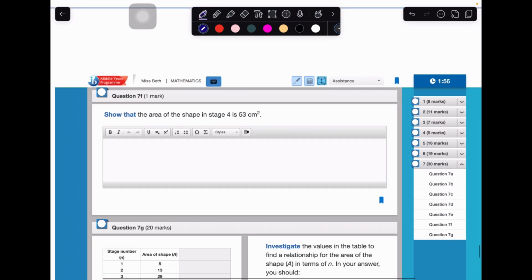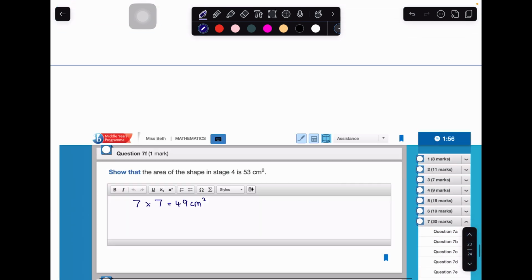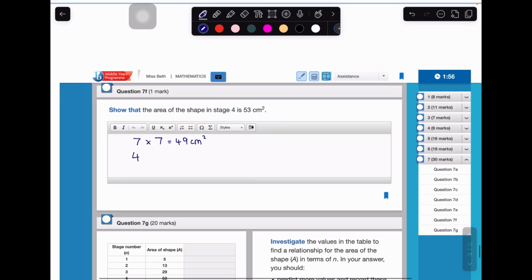So the first calculation I'm going to do is 7 times 7, which is 49 centimeters squared. But then, of course, I need to add 1, 2, 3, 4. So 4 needs to be added on, which is indeed 53 centimeters squared.